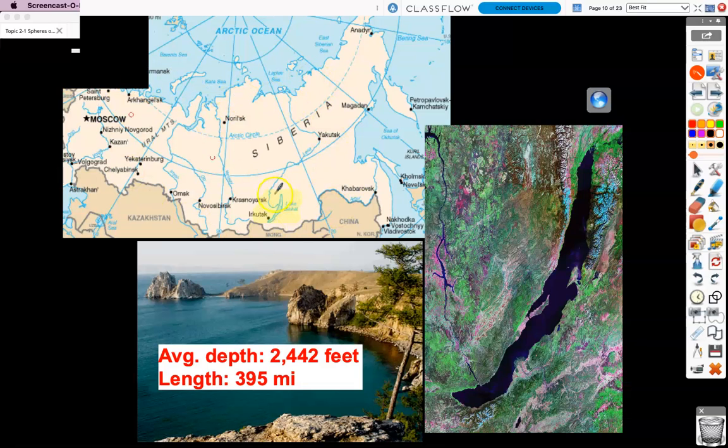So if you look at this top picture, you've got Russia, you've got China, you've got Mongolia down here. Lake Baikal is right there, just along the southern portion of Russia. It's a very long, narrow lake, runs kind of north-south, so this is it right here. It runs about 400 miles from top to bottom. Now the depth is pretty impressive. It's 2,442 feet.